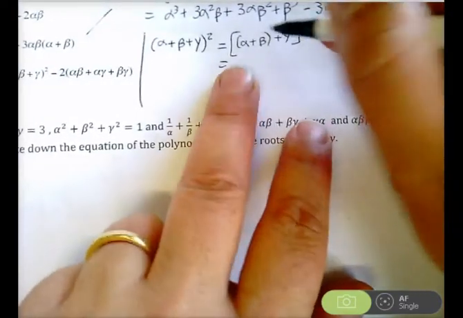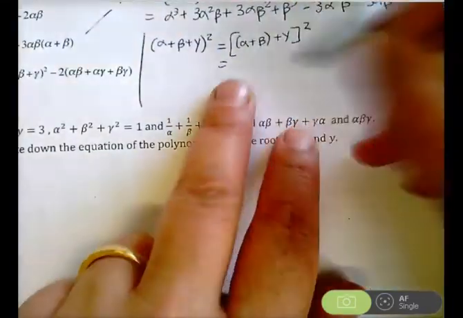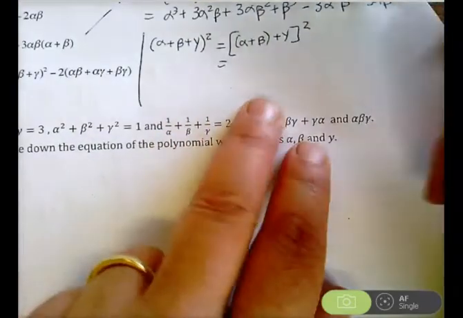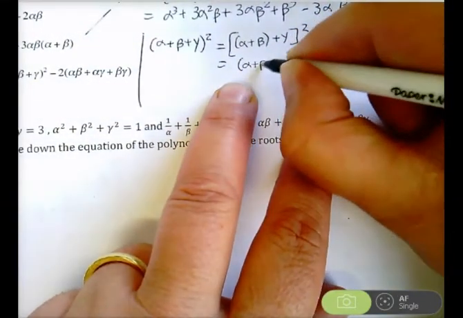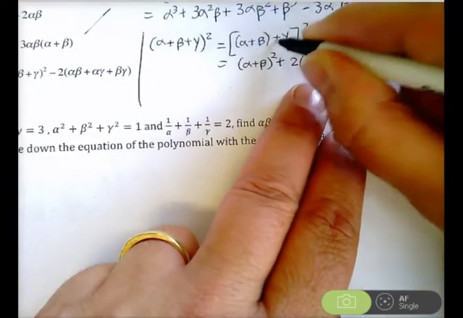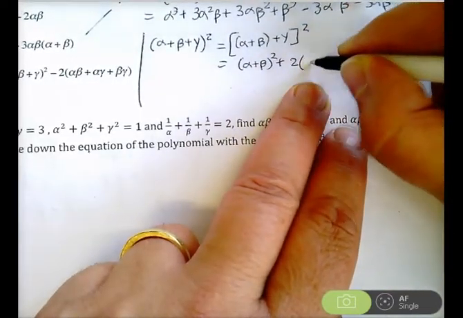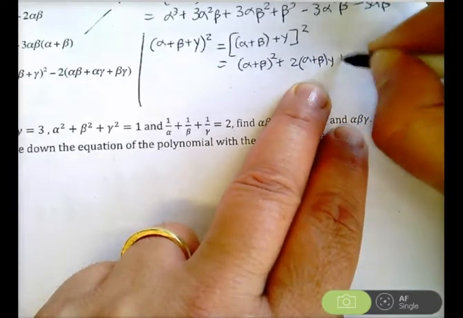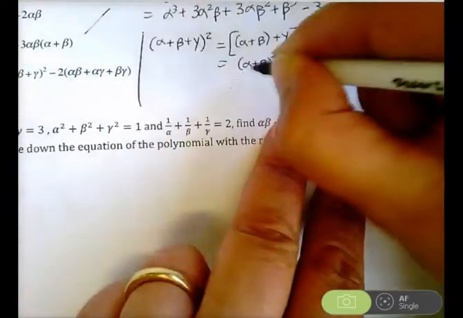You group this together, and if you do it as a perfect square, what would I get? Don't I get alpha plus beta squared plus 2 lots of, if that is a plus b squared, you've seen this before, 2 alpha plus beta gamma plus gamma squared. That's the other way of doing it.